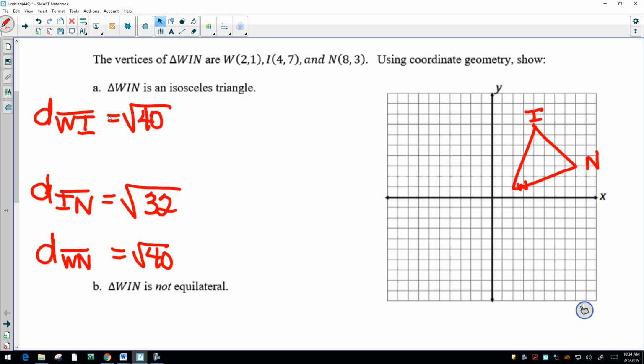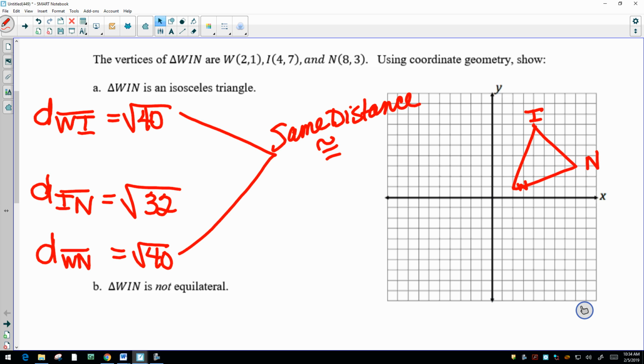Okay, so it wants us to show it's an isosceles triangle. Have we done that? Sure have. If I'm looking at WI and WN, what do I notice about them? They're the same. So I can say same distance, so they are congruent.